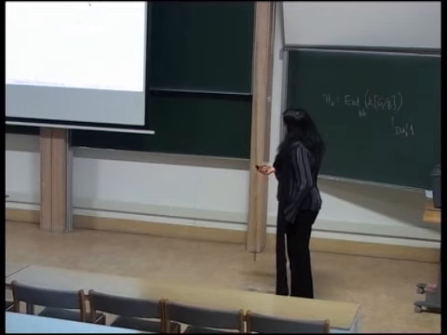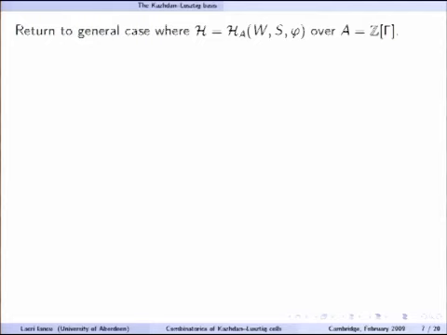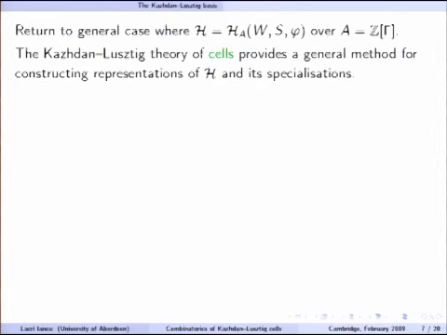So now let's return to that Hecke algebra. For the time being, we stick to being over the group algebra A. And the Kazhdan-Lusztig theory of cells gives exactly this, a general method for constructing representations, not necessarily irreducible.